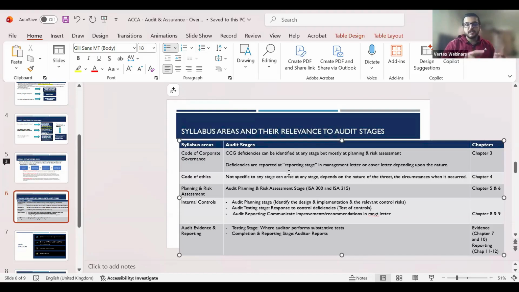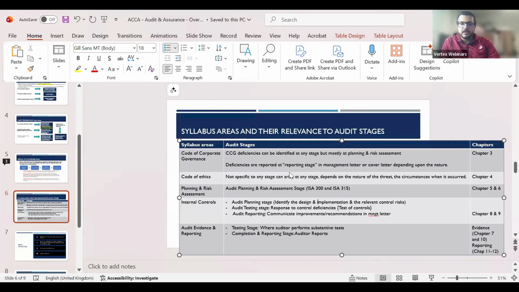So there should be two different persons for the CEO and chairperson's roles. If there is one person, that's one type of deficiency, and these deficiencies can be identified at any stage, but mostly at the planning and risk assessment stage.